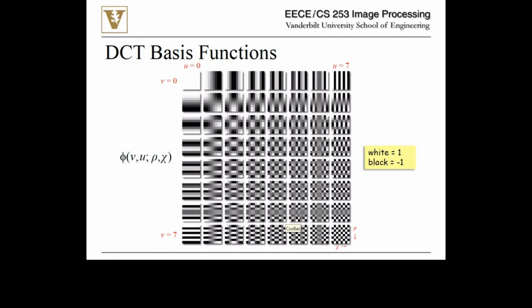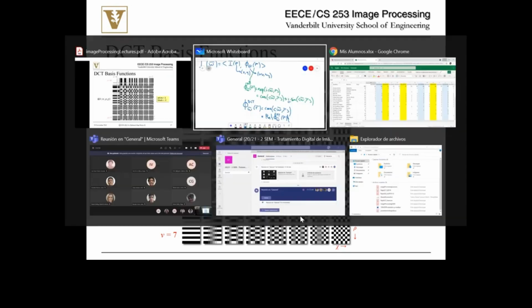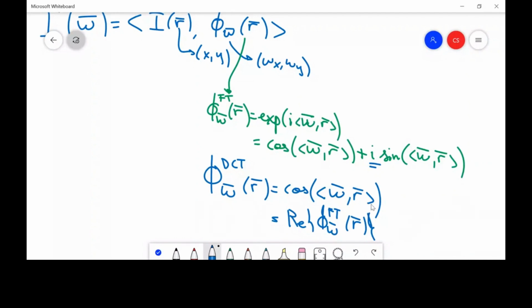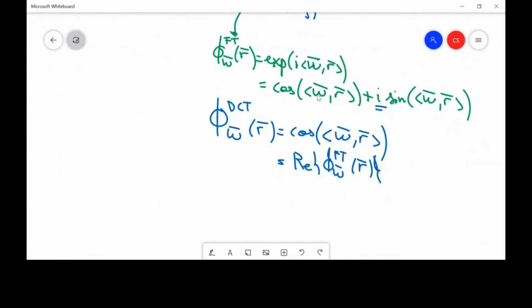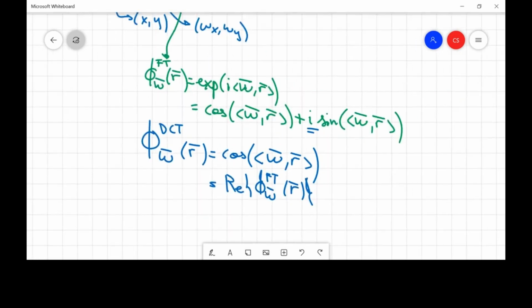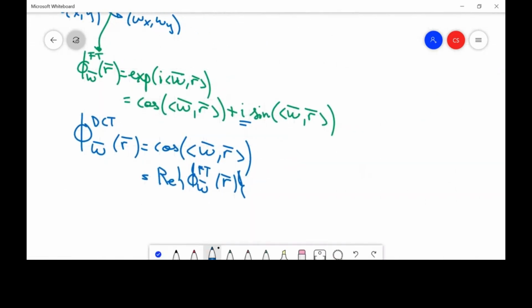In the same way as in the discrete Fourier transform. This is the continuous Fourier transform, so here omega can take any value, but in the discrete Fourier transform, omega is restricted to a few values. So you have kx, ky, which is a vector again.